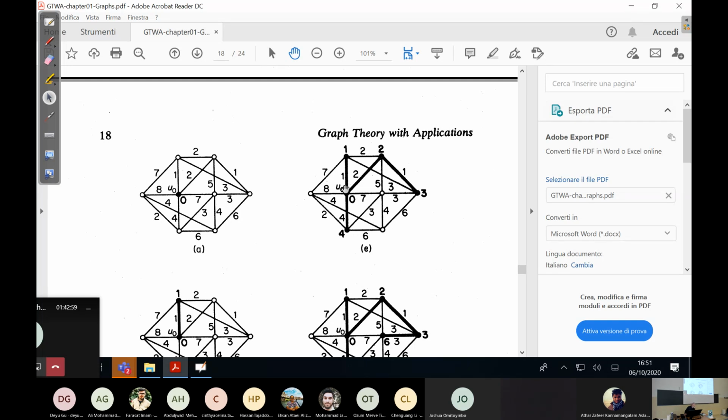And from here we have 6 plus 2. Oh yes, we had still 7 here and 8 here. Now we have 4 plus 2 and 4 plus 3, 4 plus 6. Okay, so at distance 5 we do not find anything.